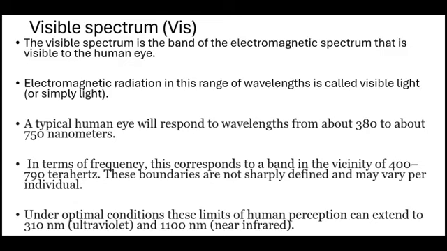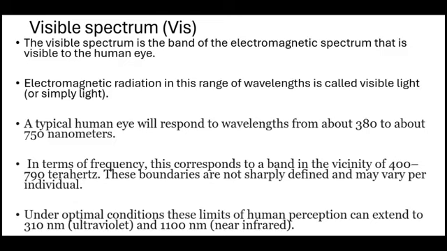A typical human eye will respond to wavelengths from about 380 to about 750 nanometers, where we can see different colors and light. In terms of frequency, this corresponds to a band in the vicinity of 400 to 790 terahertz.